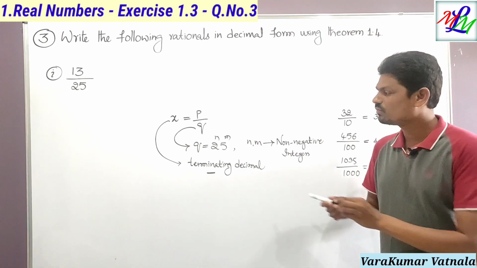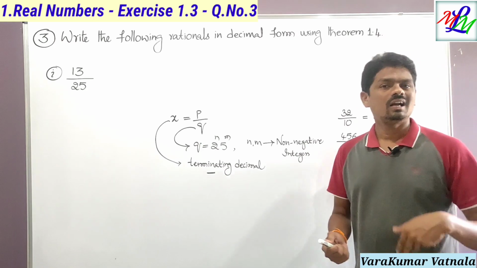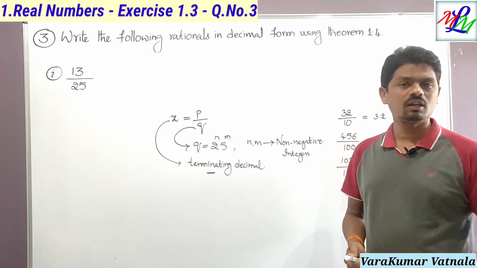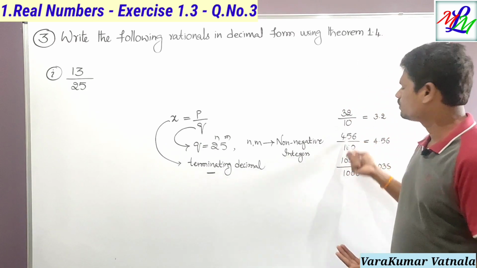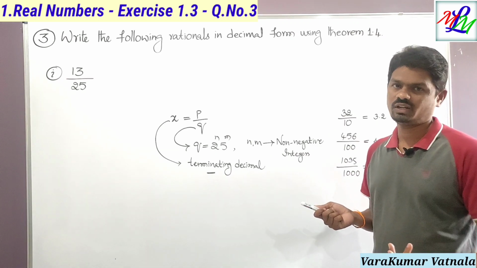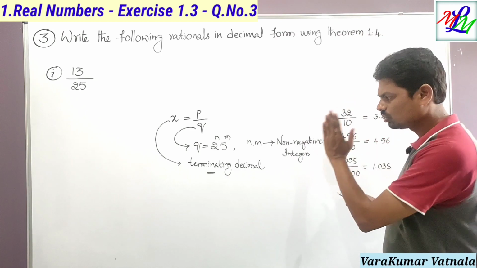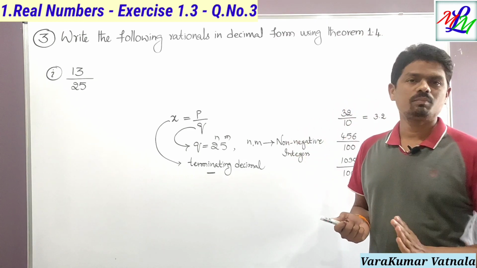So using theorem 1.4, we have to convert the denominator into a multiple of 10. Then it is very easy to write in decimal form. So this is theorem 1.4.